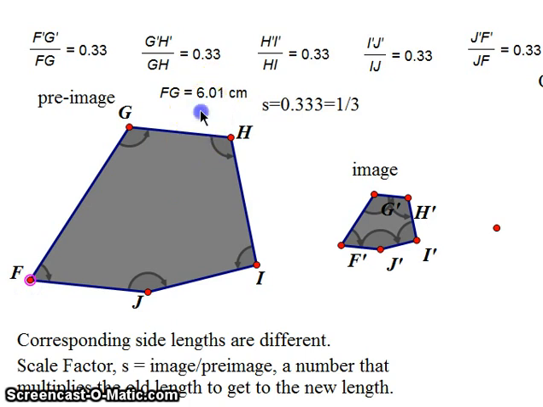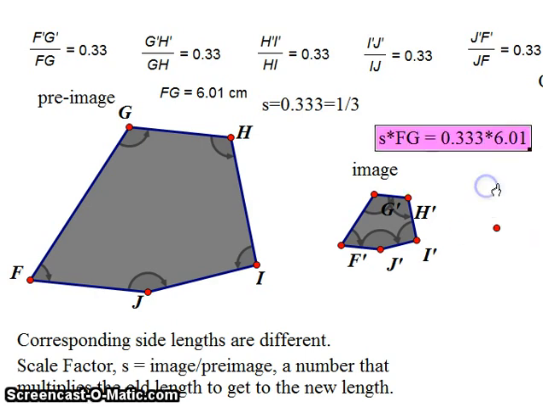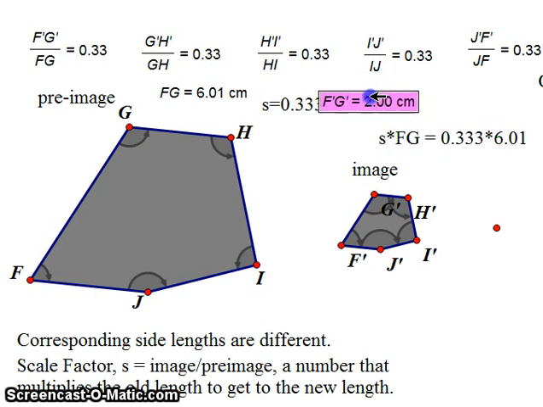If FG is 6, what is F'G' going to be? All I have to do is take 6 and multiply it times the scale factor. So 0.3333 times 6 is going to give me, any guesses? A number very close to 2, because 6 times 0.33 is about 2.